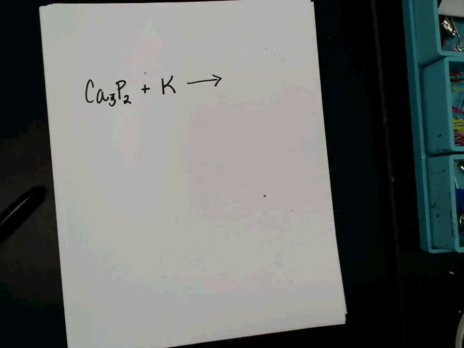Ca3P2 plus K yields what? See if you can figure that one out. Get together with your lab partners and work through it all the way through. See if you can come up with the right answer. When you think you've got it, come back.